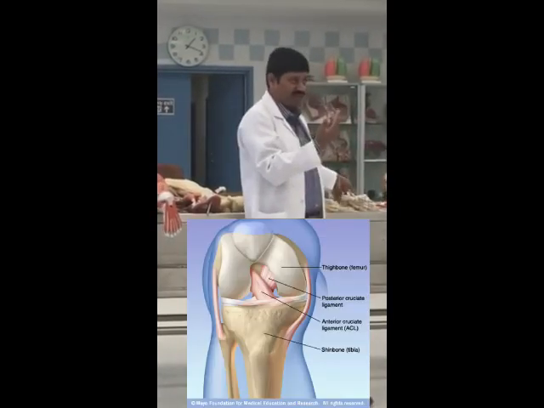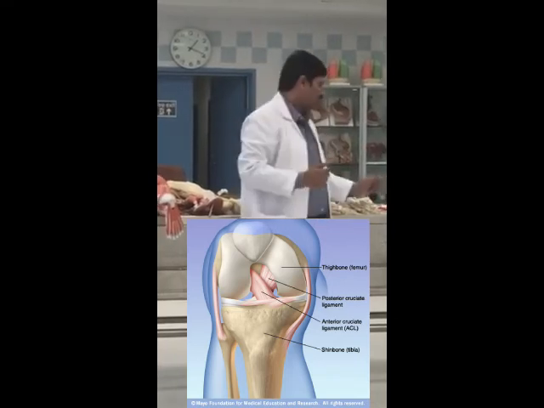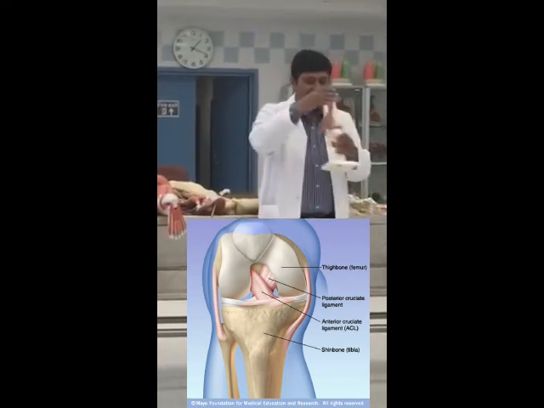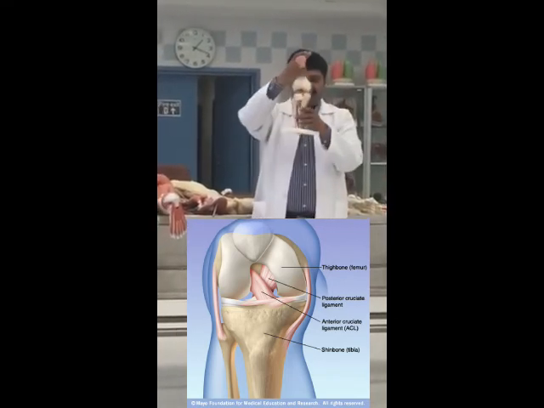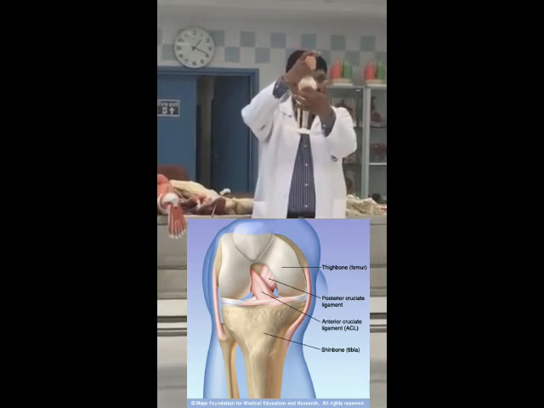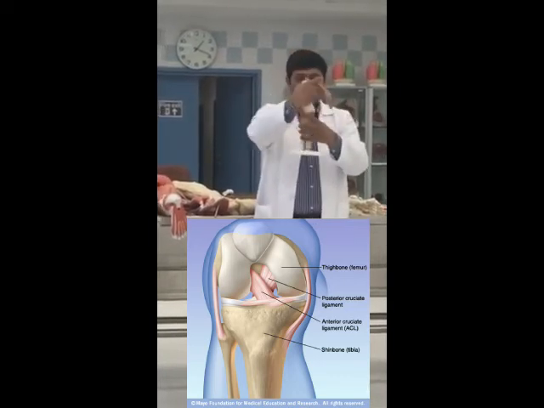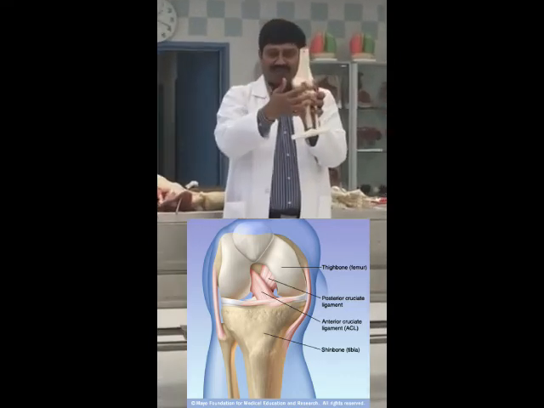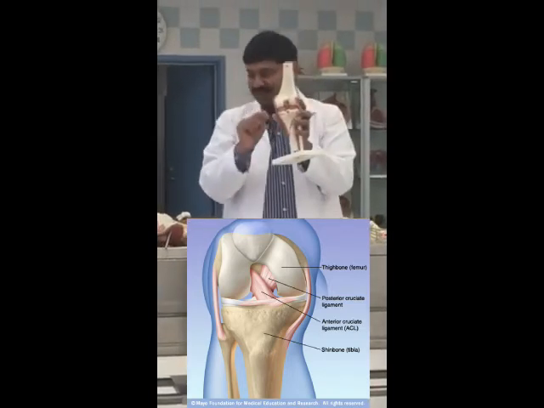Cruciate means cross line. Okay, so we need to see the cross. If you see this way, inside there is a ligament which is going from front to back, and there is a ligament which is coming from back to front. Okay, there are two ligaments.